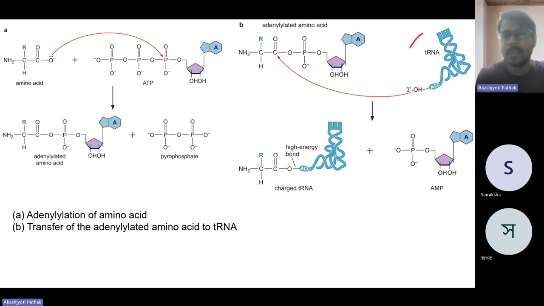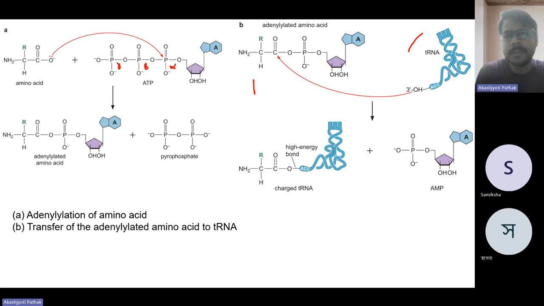In the first step, the amino acid reacts with ATP, and this is called adenylation of the amino acid. Here, this is your alpha phosphate, beta phosphate, and gamma phosphate. The amino acid attacks at the alpha phosphate, and the beta-gamma diphosphate is broken.